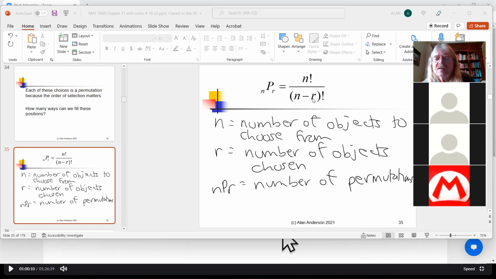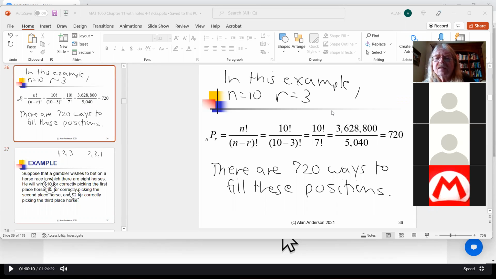R is the number of students that need to be officers, which is 3. And so we calculated the number of ways of filling those positions as 10 factorial over 7 factorial, because that's 10 minus 3. And that, after you go through all the math, gives us 720. So there are 720 different ways to fill those positions because they are permutations.